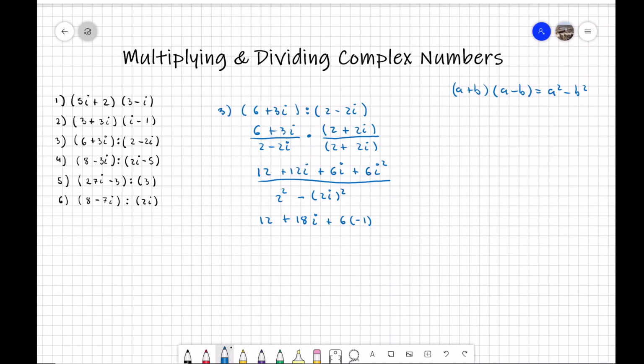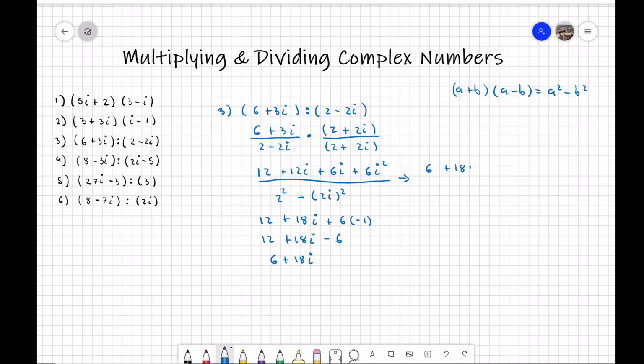So now we have 12 plus 18i minus 6. So we have 6 plus 18i at the top, right?